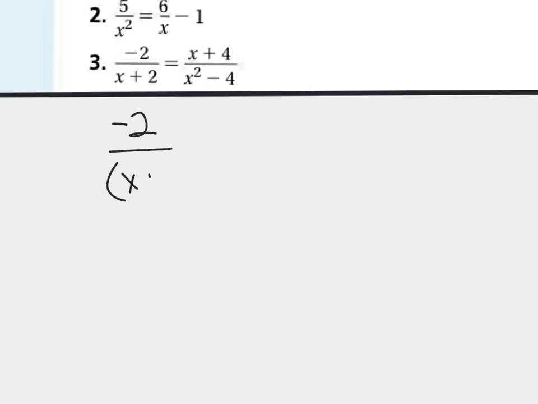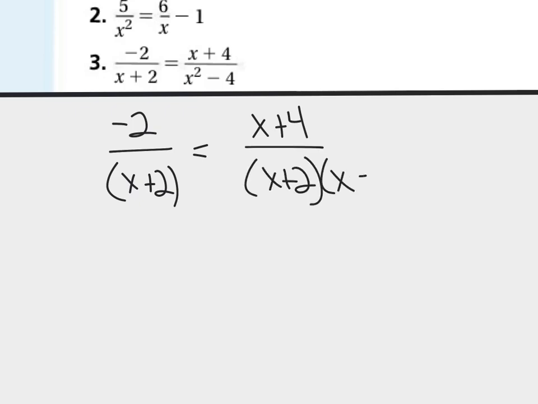So if you notice this one, you could factor that second denominator as x plus 2 times x minus 2. And then it's basically the same process that we just did.